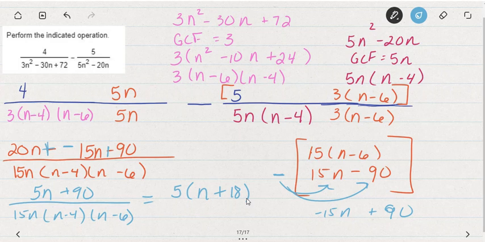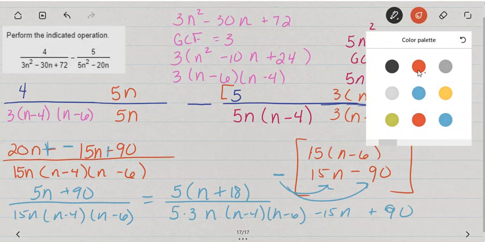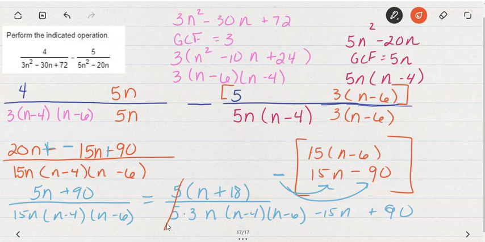So we can factor out and reduce. I'm going to write the 15 as a 5 times 3. And then if we go back to reduce, that 5 over 5 is a 1. So we factor the 5 out, and then we reduce it or divide both the top and bottom by 5.